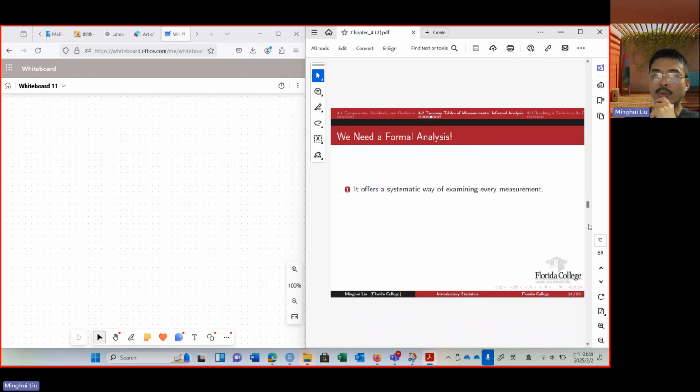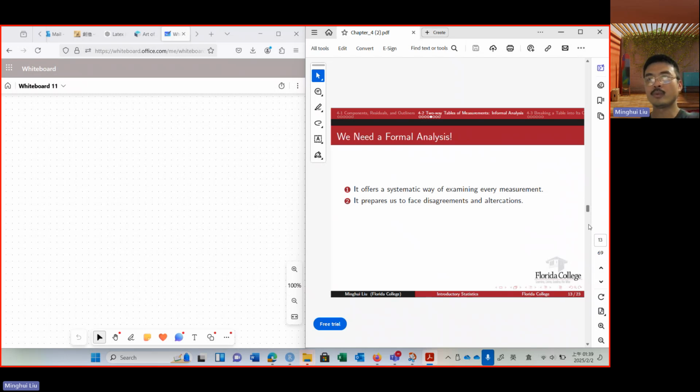So we will need what we call formal analysis. And of course, there are several reasons why we need that. The first obvious reason is that a formal analysis offers a very systematic way of examining every measurement. Secondly, it prepares us to face disagreements.